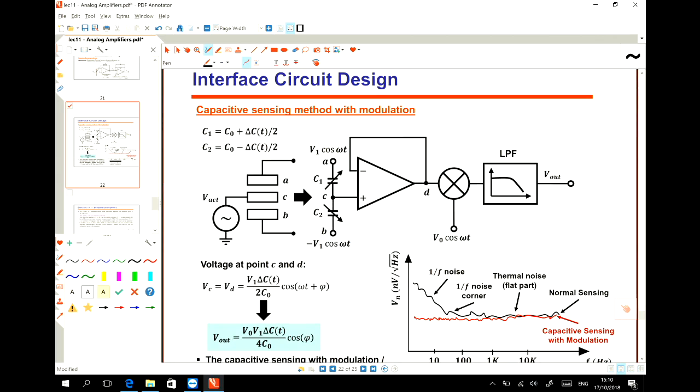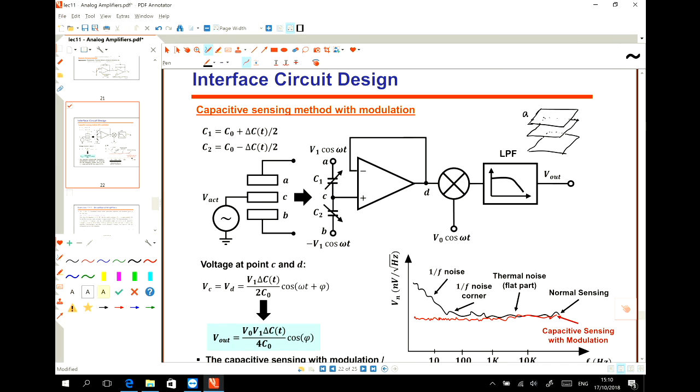Okay, what do we do? Assume that we have a capacitor with one sheet here, another sheet here, and another sheet here.